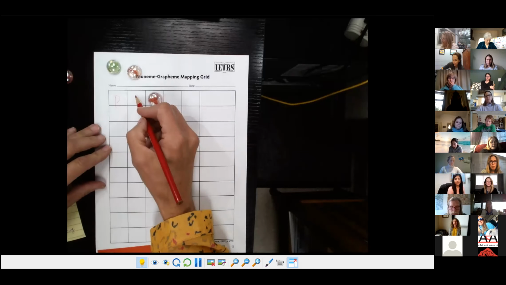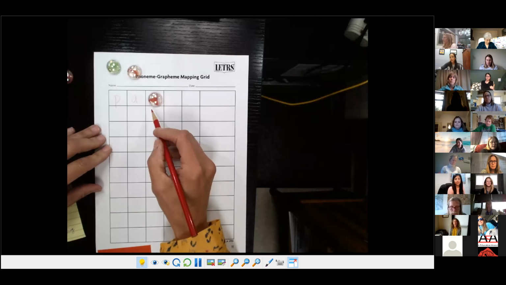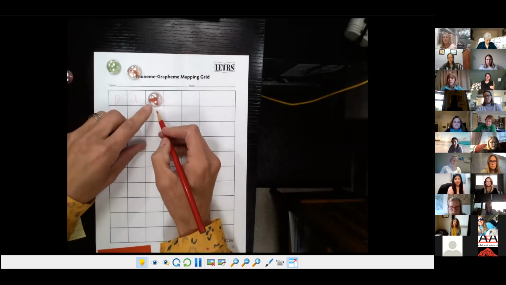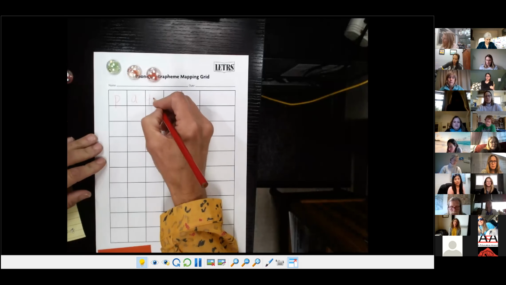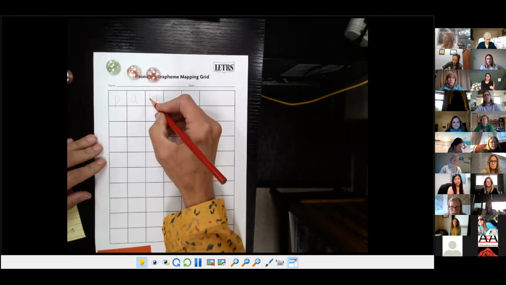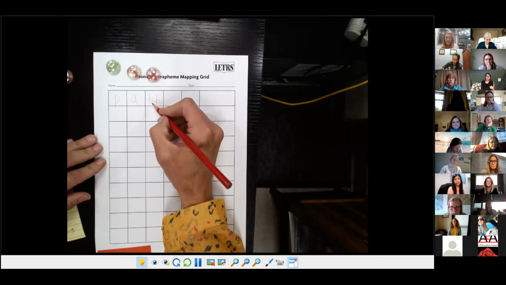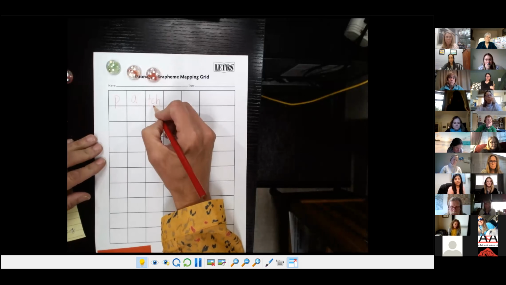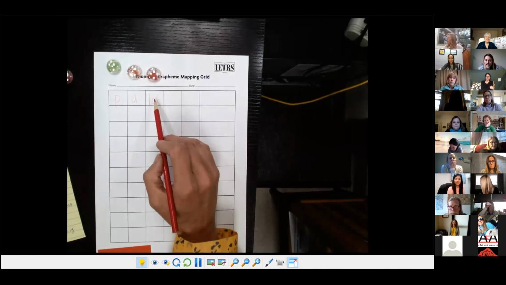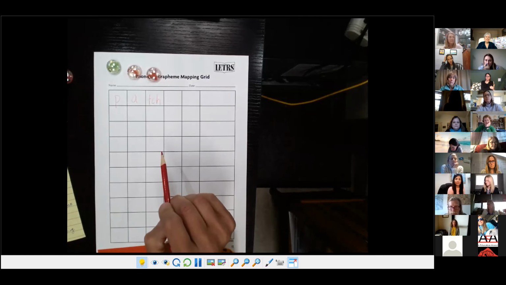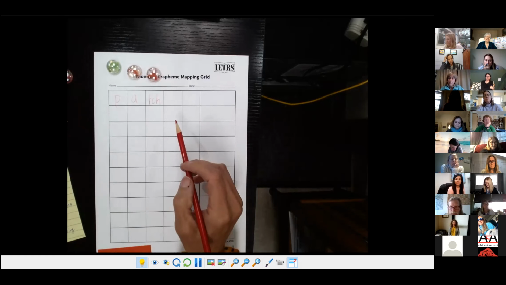Letter? A. Great. Final sound was what letters? TCH. Excellent. So notice 3 letters go in that box because that is the phoneme, the grapheme that makes the phoneme. So we wouldn't want to stretch that out because it's the 1 sound that's coming in there. That is phoneme grapheme mapping.